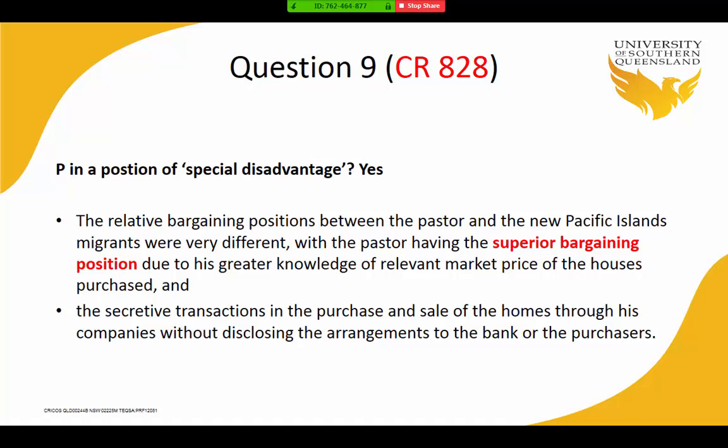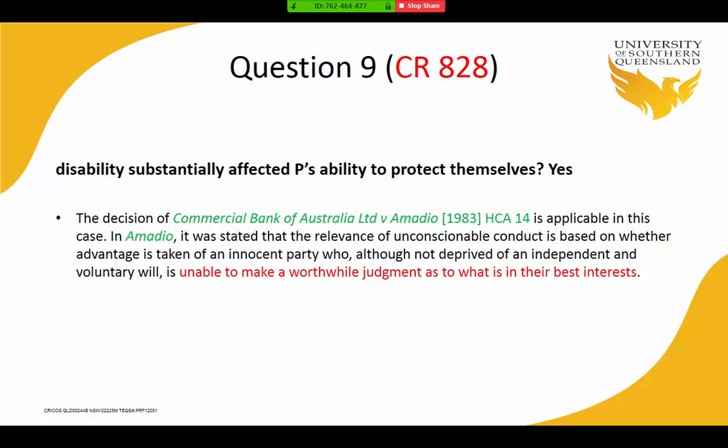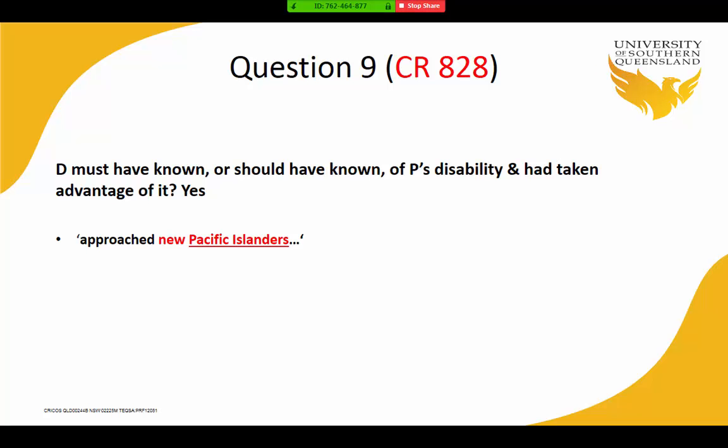Okay, so this is what you just basically have to go through. Of course, you will end up writing sometimes a bit more. So in an exam scenario, because it's an open book now, I expect you to make reference to Amadio and maybe just say a sentence about what Amadio says. Okay, the ratio, for example.